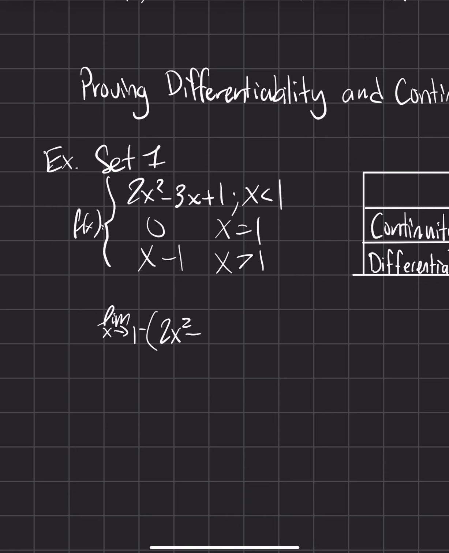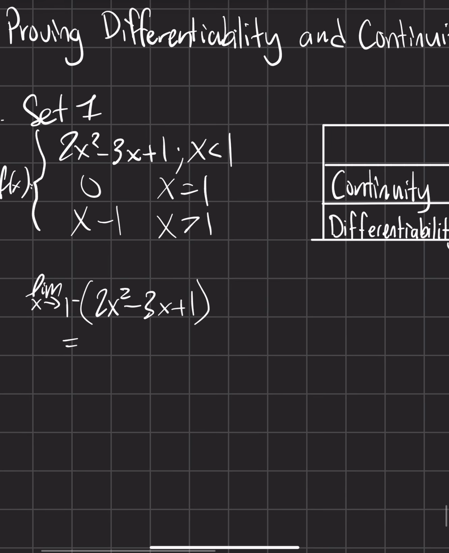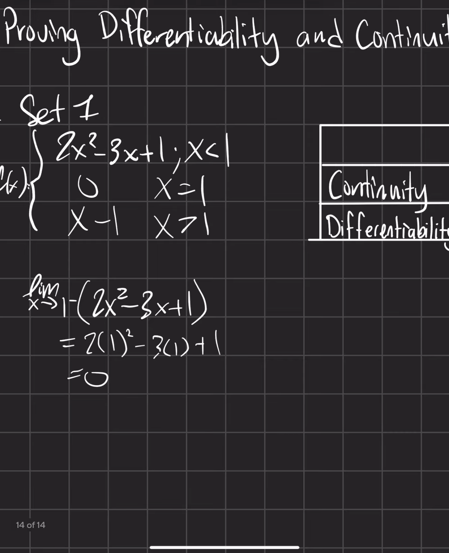We're just going to insert our 1 and see what happens. So we get 2 times 1 squared minus 3 times 1 plus 1. That's going to give us 0. So boom, that checks out.